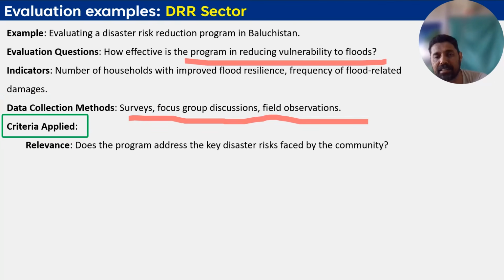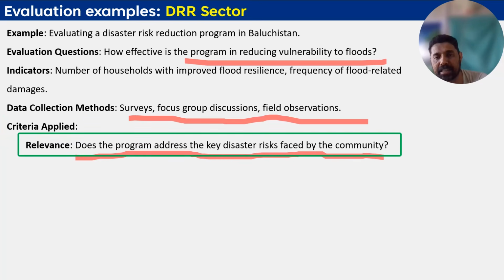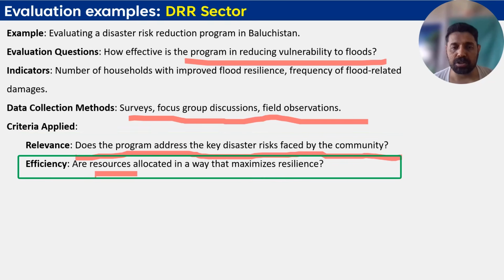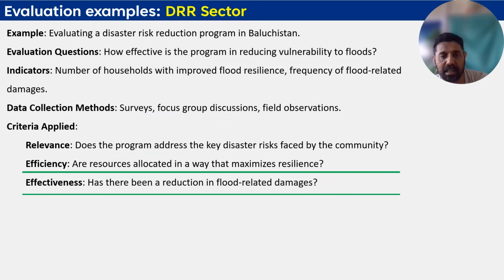Criteria apply. Number one, does the program address the key disaster risk faced by the community, the actual needs of the community? For example, if they need some walls, whether walls have been constructed or something else has been constructed. Efficiency: are the resources allocated in a way that maximizes resilience? Effectiveness: has there been a reduction in flood-related damage?